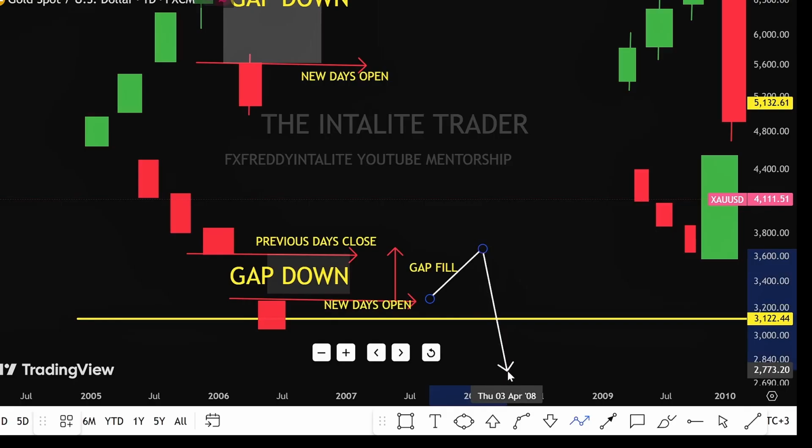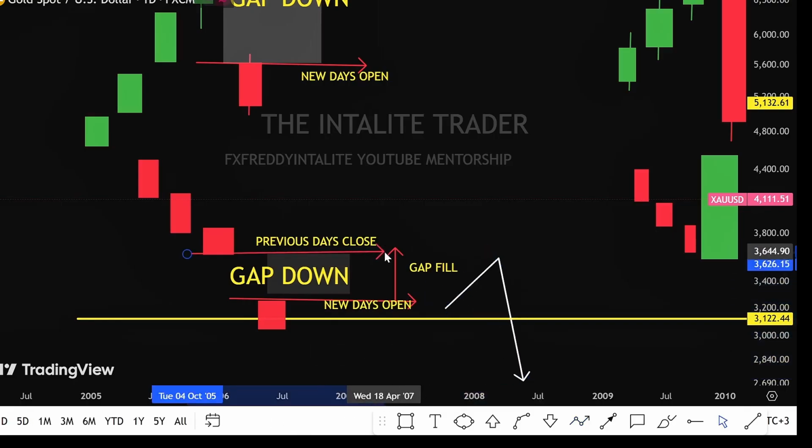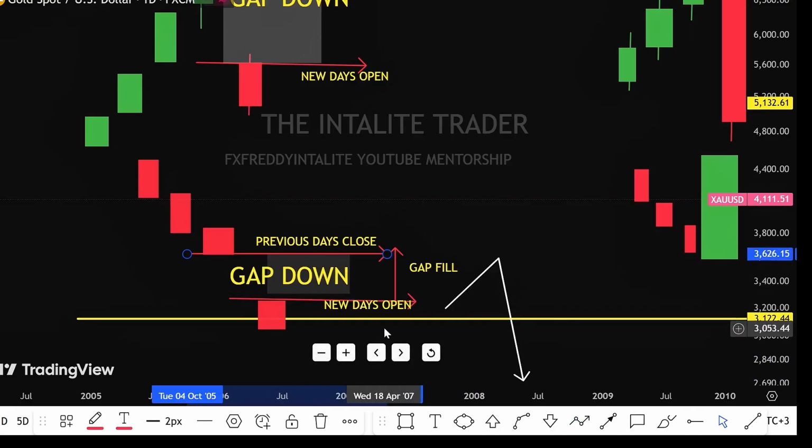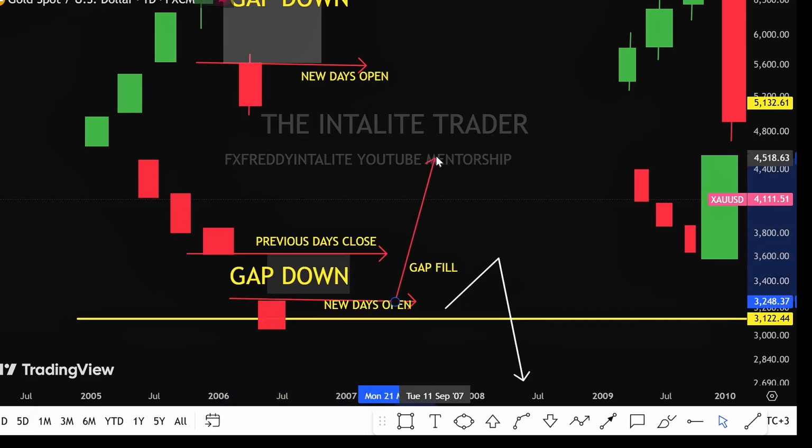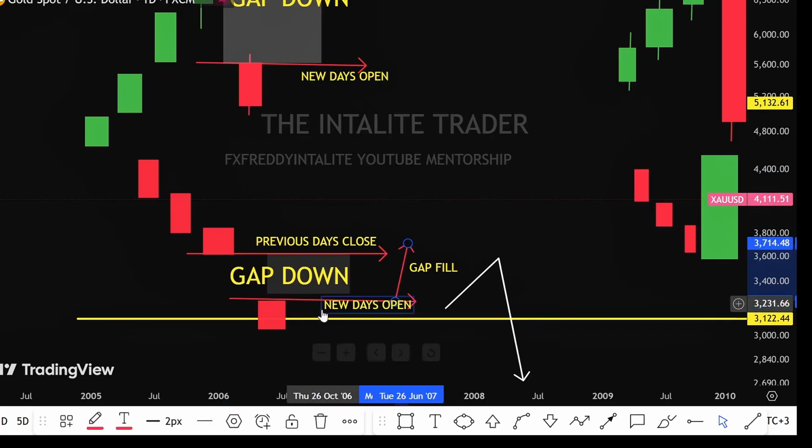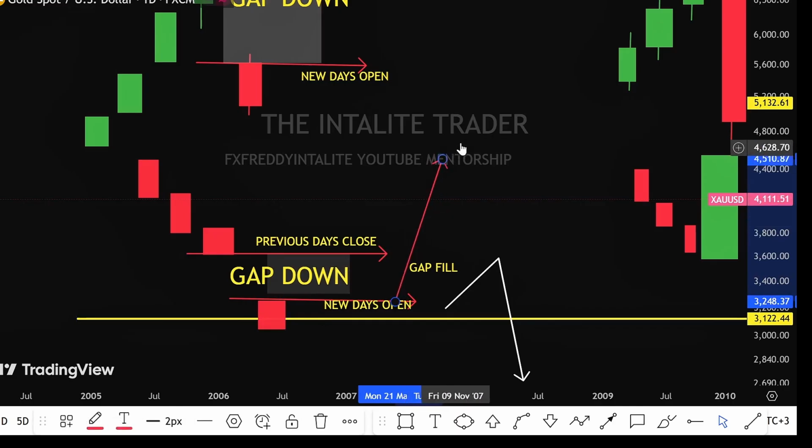It fills and continues down. But if what caused this price to gap down is something which is to force price to reverse, it gaps down to be bought, and then the price of an asset will go higher.